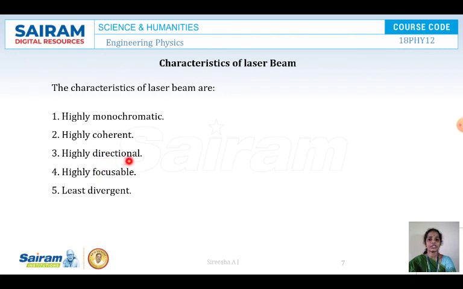Highly directional. It moves in the form of a parallel ray. Highly focusable. It is very sharply focused. It is less divergent, not divergent like normal light. So these are the characteristics of laser light.